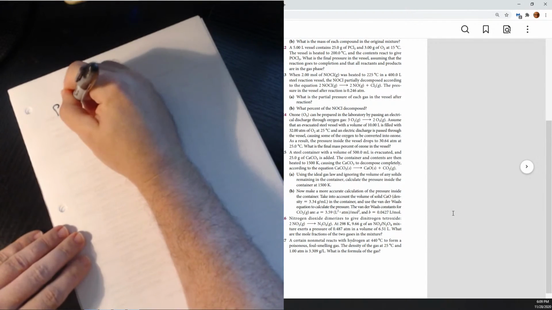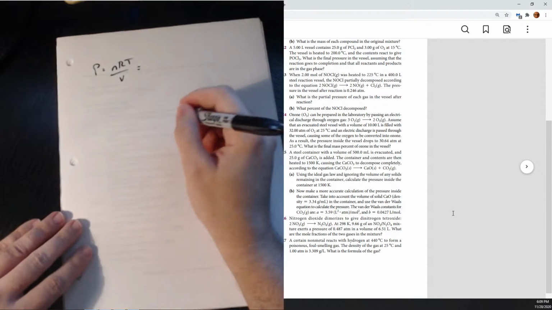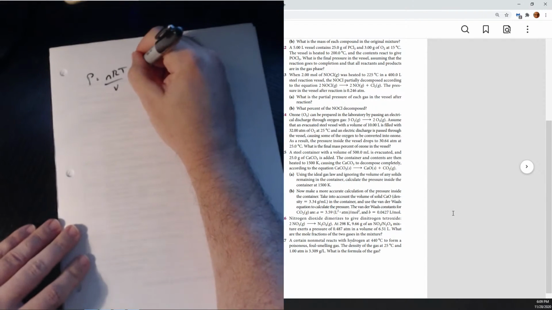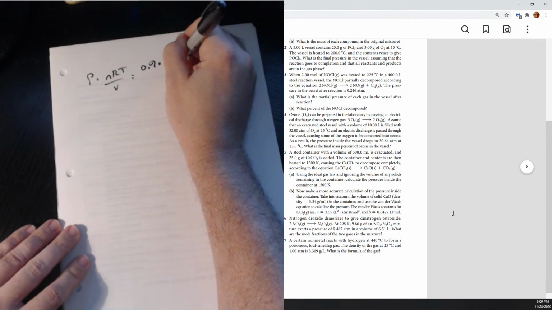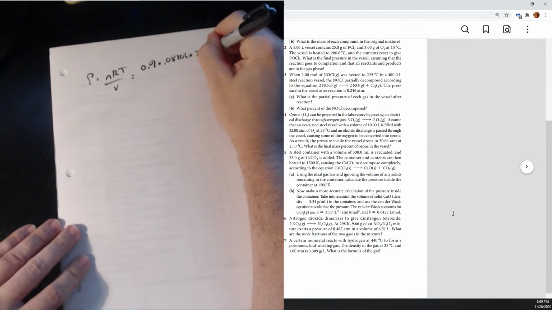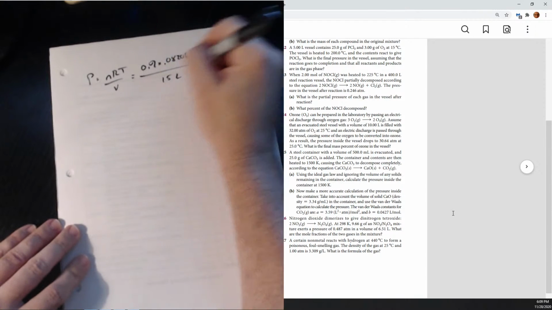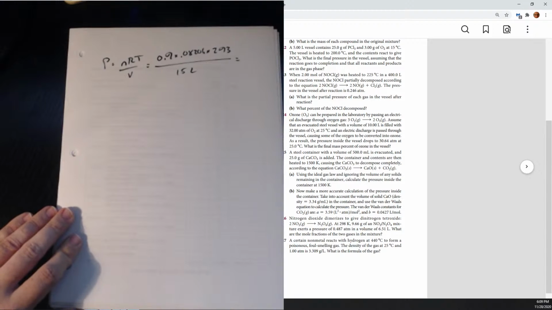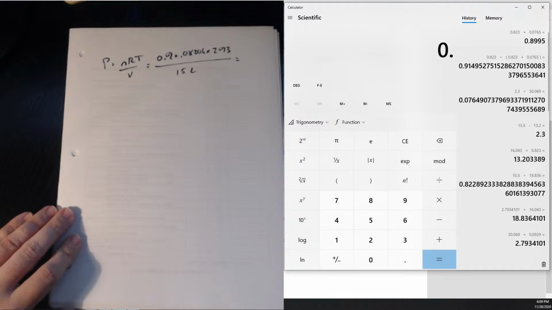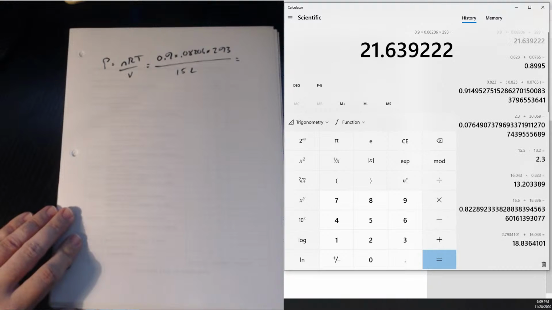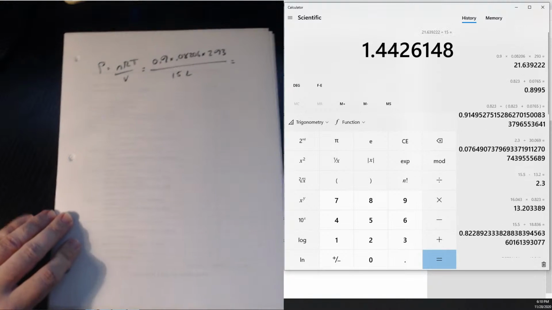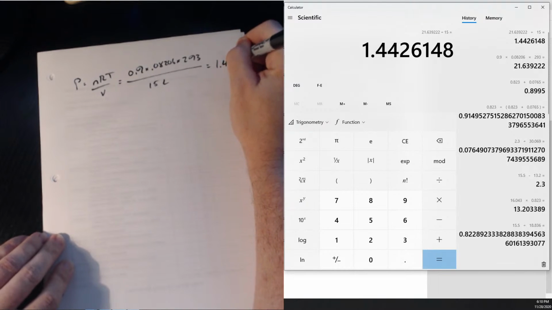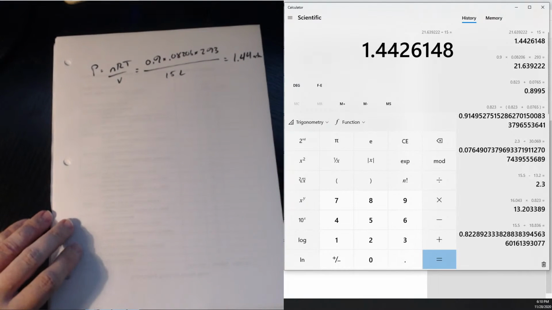So pressure is nRT over V, which is 0.9 times 0.08206 times 293 Kelvin divided by 15 liters. It's going to be somewhere between 1 and 2. 0.9 times 0.08206 times 293 divided by 15 is 1.44 atmospheres.